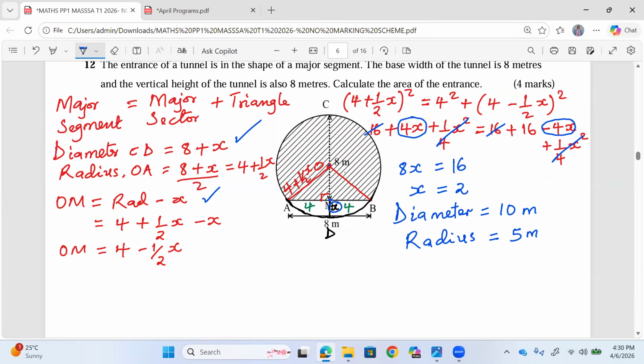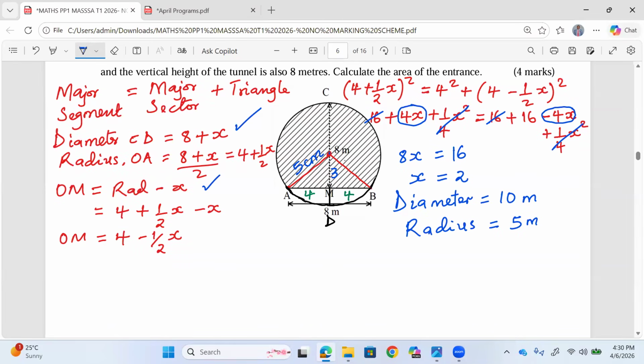So we get 3 at this point. We can now agree that the radius is 5 meters and OM is exactly 3. And this is right angled.